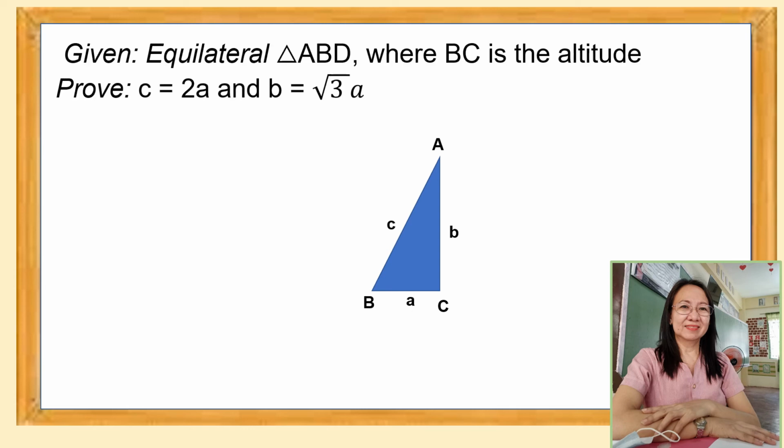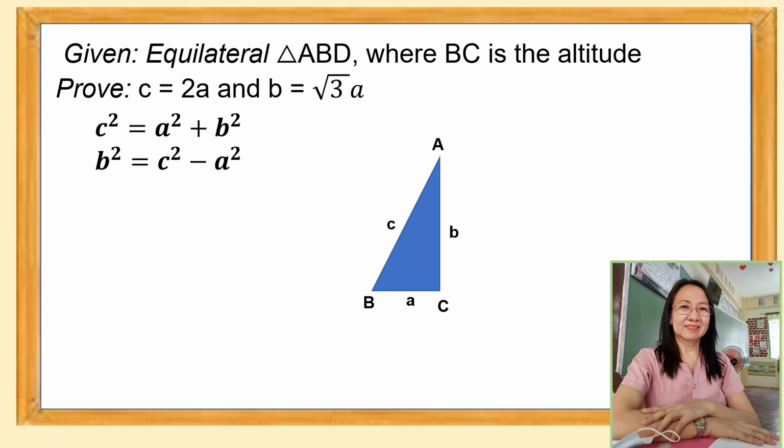that B is equal to the square root of 3 times A. So let us use the Pythagorean theorem that C squared is equal to A squared plus B squared. Then by addition property of equality, we will get B squared is equal to C squared minus A squared.